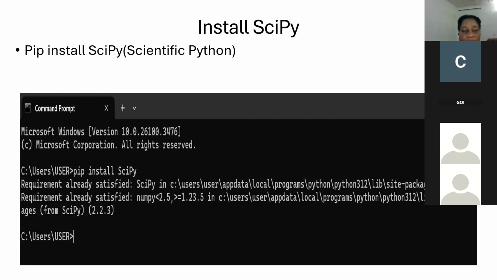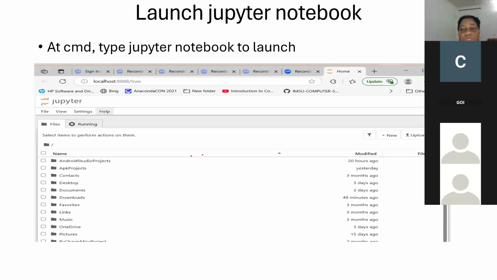Then I want to install SciPy, Scientific Python. I'll say pip install SciPy. I already have it. It's telling me requirements already satisfied.